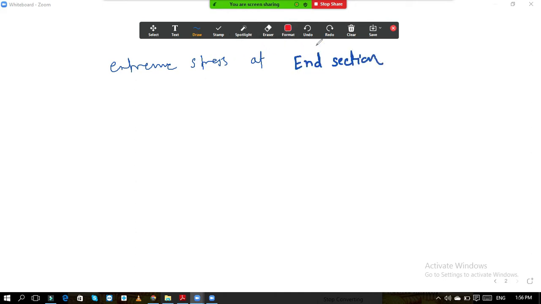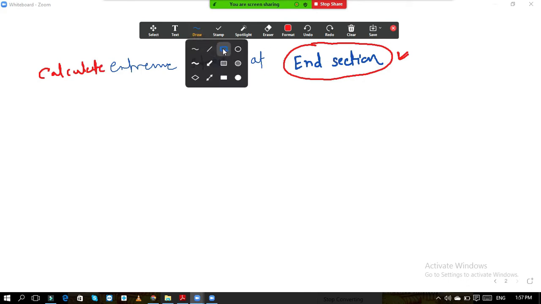Suppose now this word is given to you. In the given problem it is mid-span, so we have calculated that. But suppose they say calculate the extreme stresses at end section.